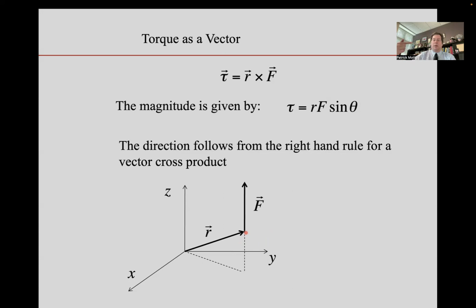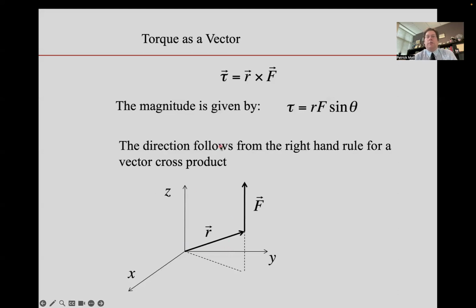At this particular moment in time, it is pointed perpendicular to R, perpendicular to F. So it's partly coming out of the plane of the screen. And then that torque, you can imagine that acting over time to change the orientation of this object that has a force acting on it at the current position vector R.